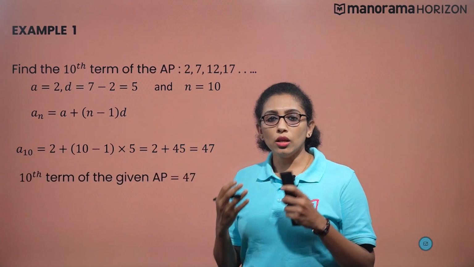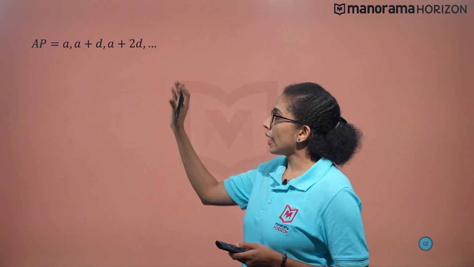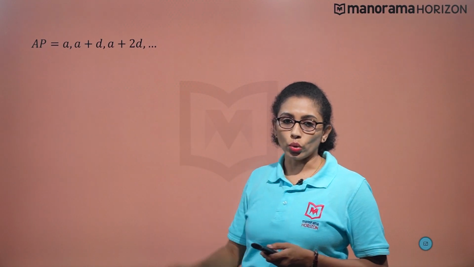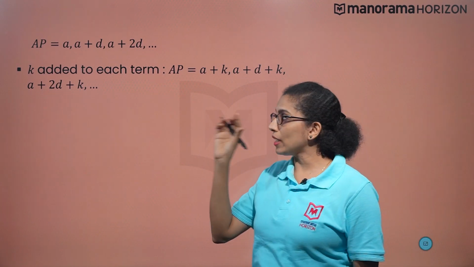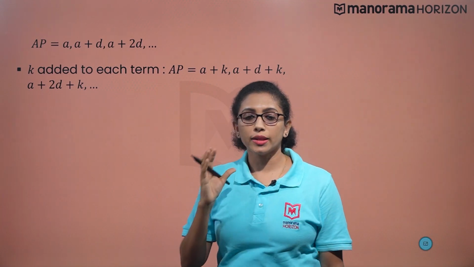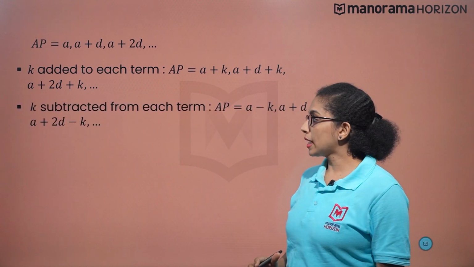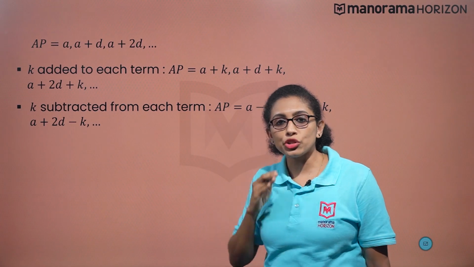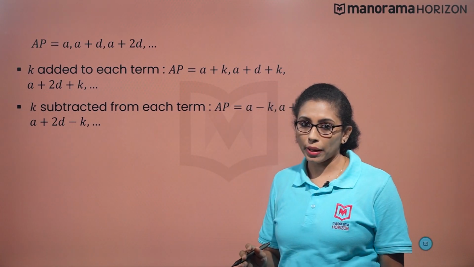Now we shall look at some important basic properties of an AP. Consider an AP in its standard form, that is a, a plus d, a plus 2d. Now if a constant is added to each term of an AP, then the resulting sequence is also an AP. Second, if a constant k is subtracted from each term of an AP, then the resulting sequence will also be an AP.